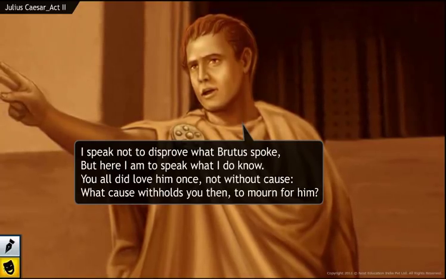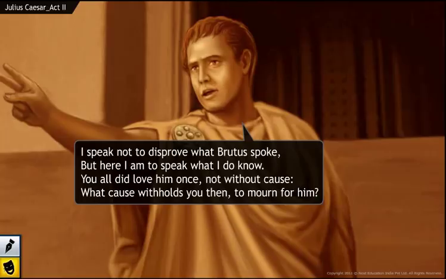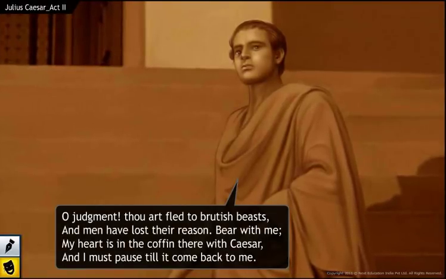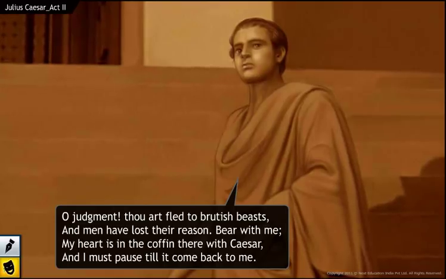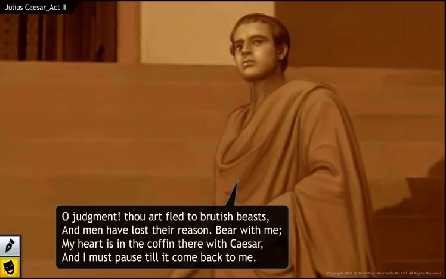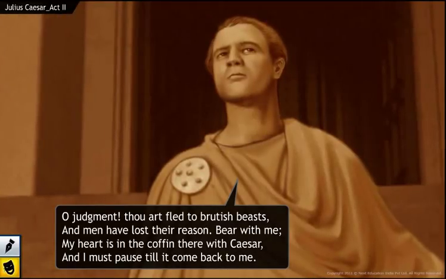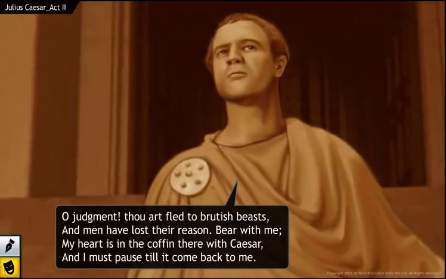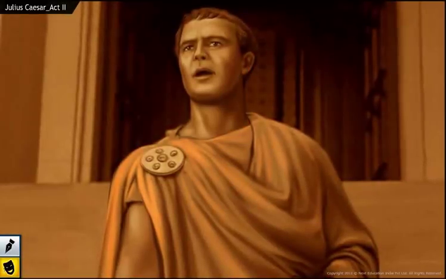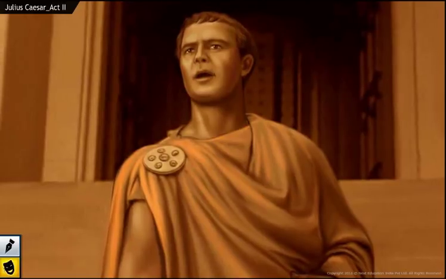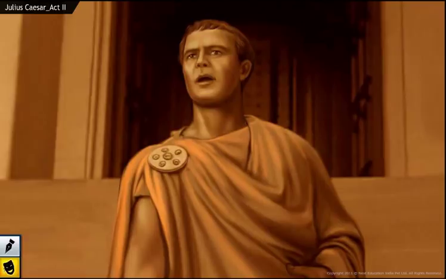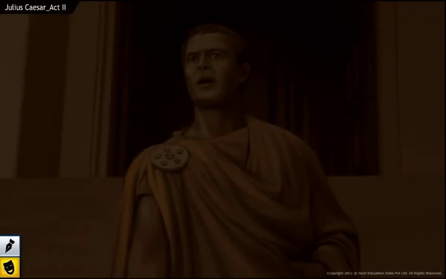Therefore, what reason keeps you from mourning for him today? O judgment, you have run away to dumb animals, and men have lost their intelligence. Bear with me. My heart is in the coffin there with Caesar, and I must pause until it comes back to me.